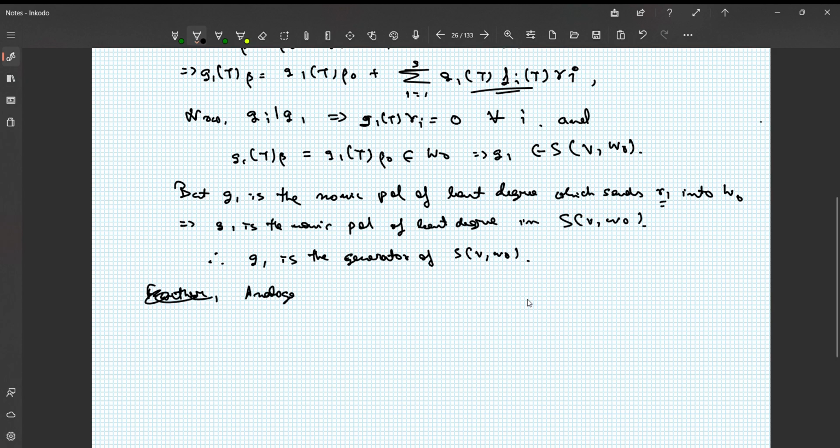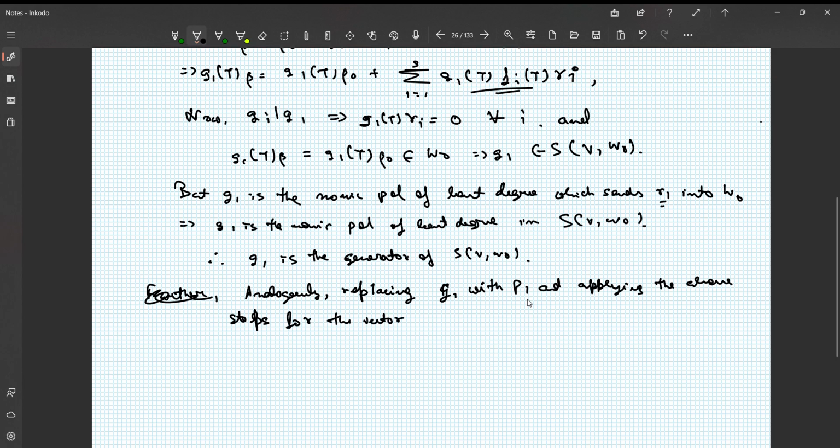Further, or I should say analogously, replacing G1 with P1 and applying the above steps for the vectors alpha i, we will get the same result, right?